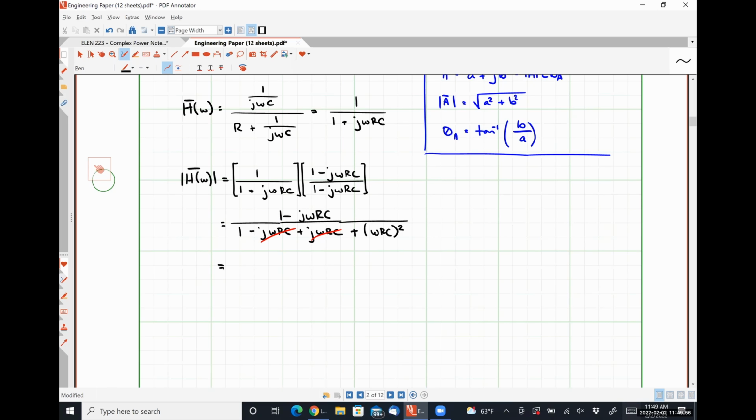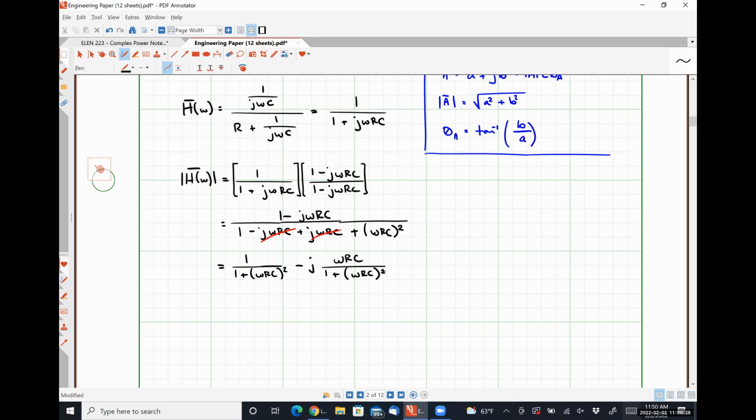That's going to give me 1 over 1 plus omega RC quantity squared, minus j times omega RC over that exact same denominator, 1 plus omega RC quantity squared.